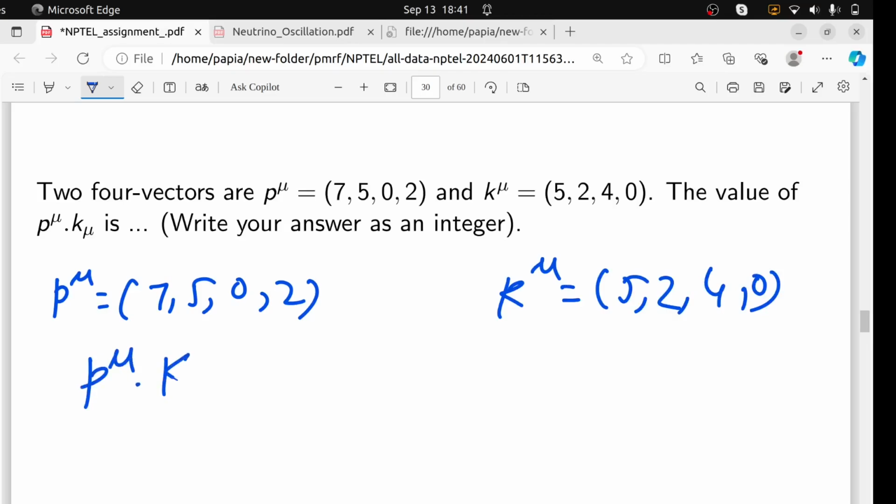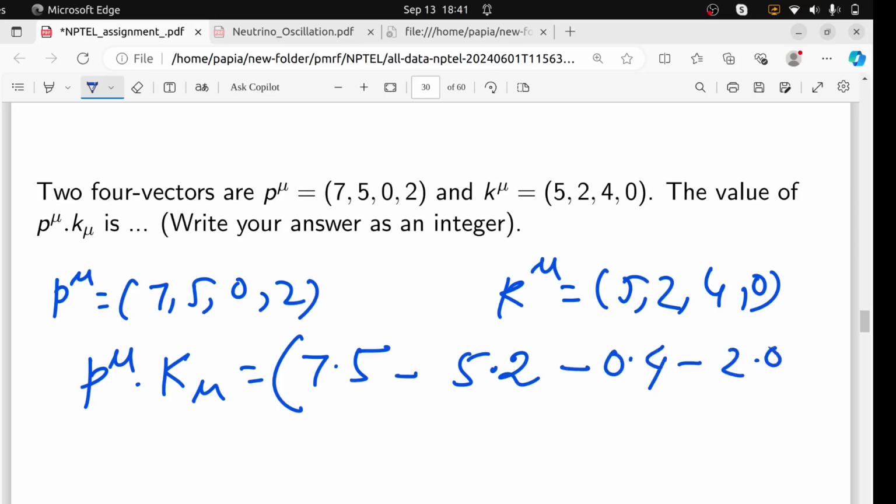So the value of P mu dot K mu will be 7 into 5 minus 5 into 2 minus 0 into 4 minus 2 into 0. 35 minus 10 minus 0 minus 0, so it is 25.